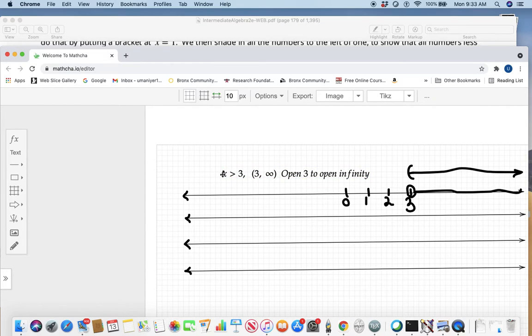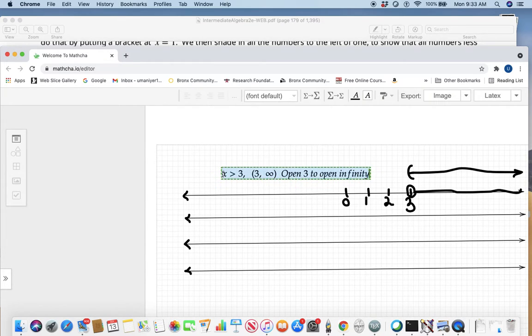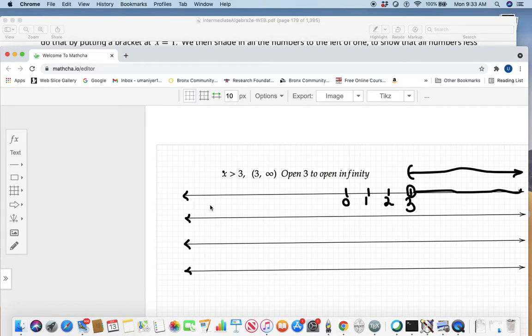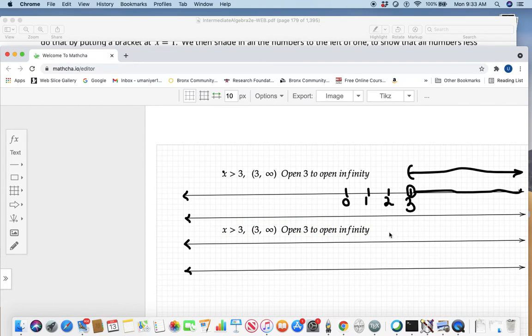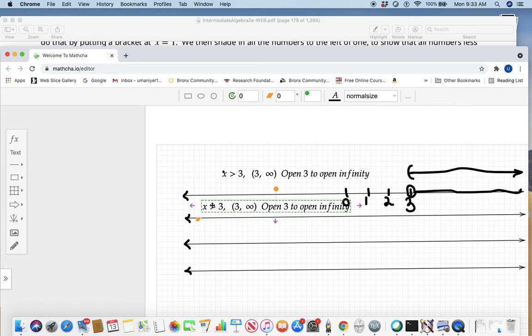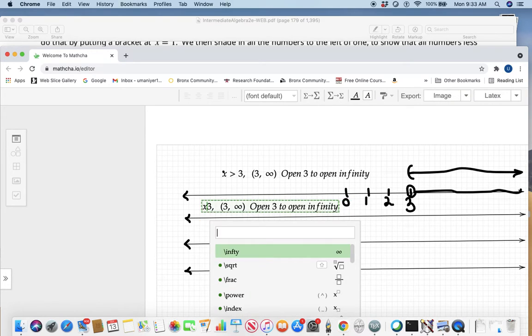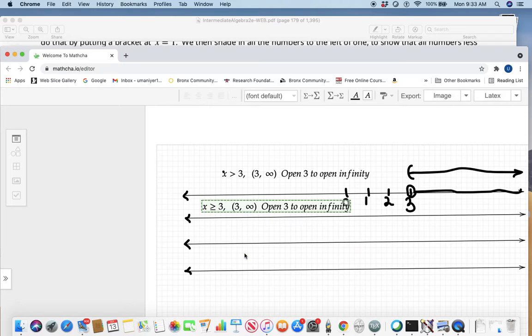All right. Now, what if instead of this, you had x greater than or equal to 3? In that case, instead of parenthesis, you would use a bracket. A bracket is called closed.